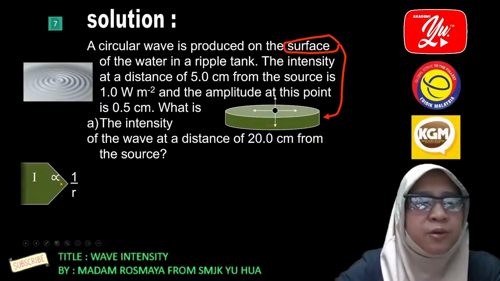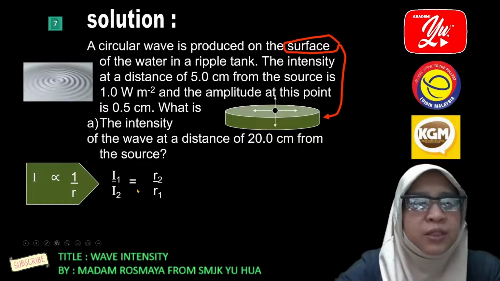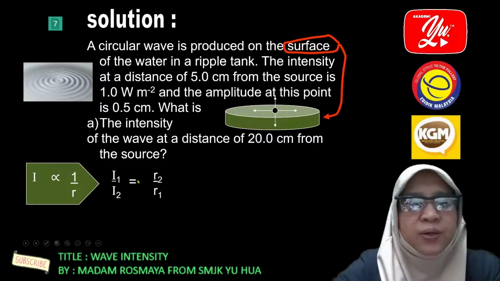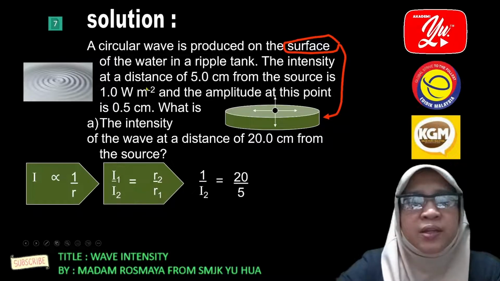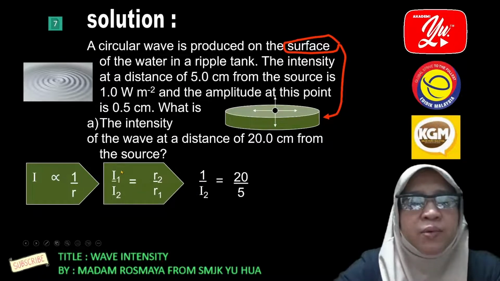From this formula, we form the equation I1 per I2 equals R2 per R1, because this is inversely proportional. Now we substitute the values given. I1 is 1 watt per meter squared.